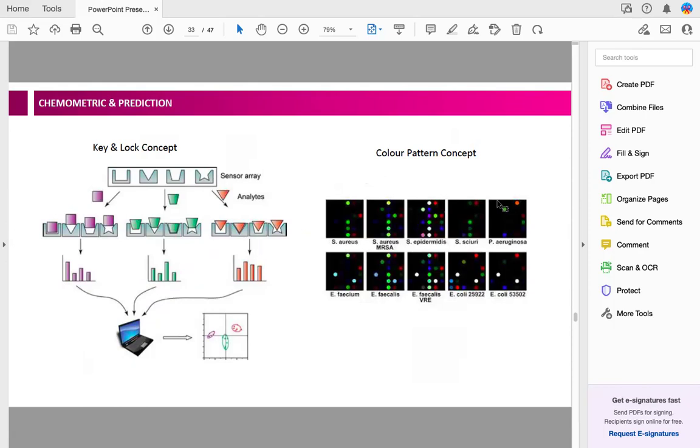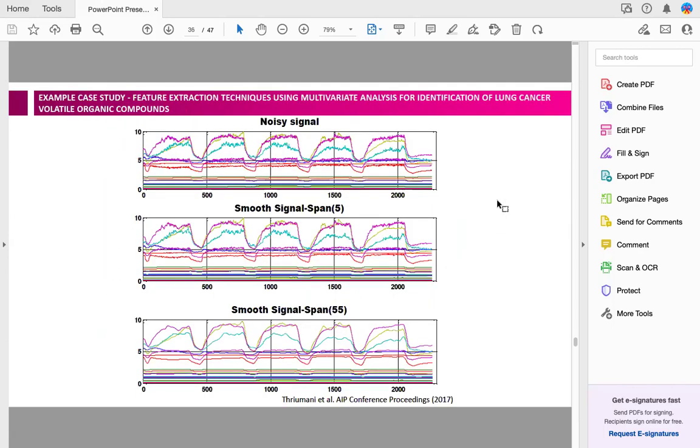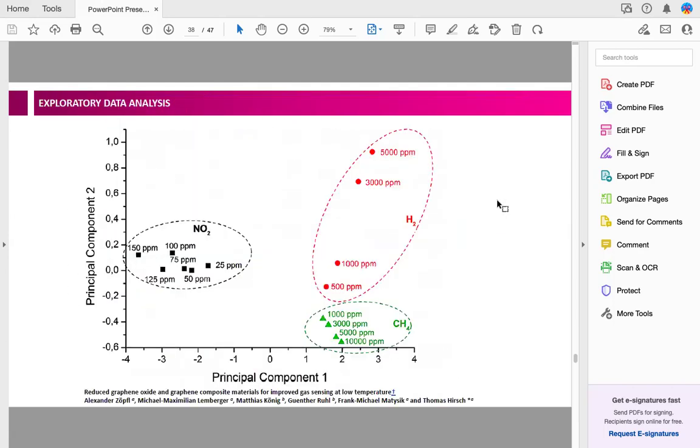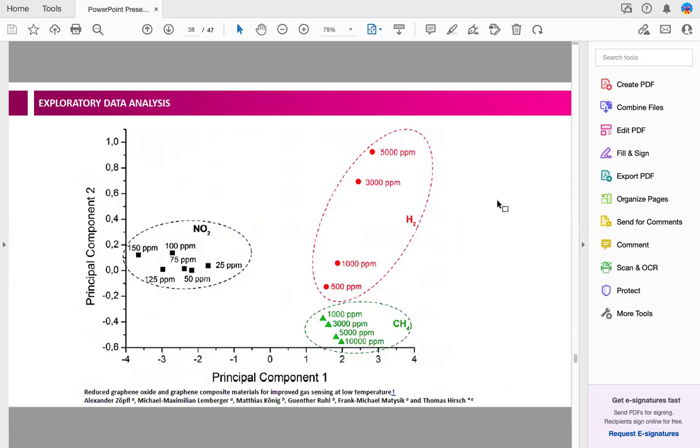So if any of you are interested, you can come and check how we do it and how the e-nose looks. So this is some of the results, and this is some pattern recognition we do to identify the chemical compound and the concentration.